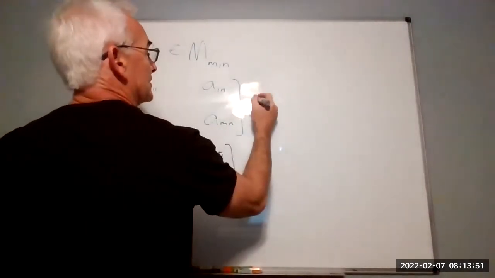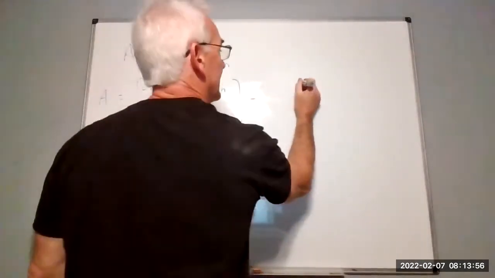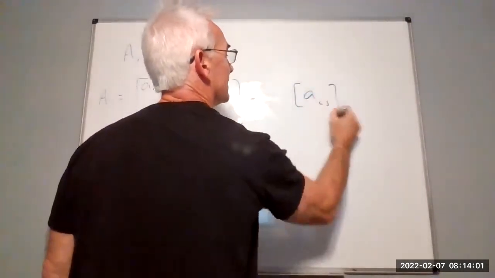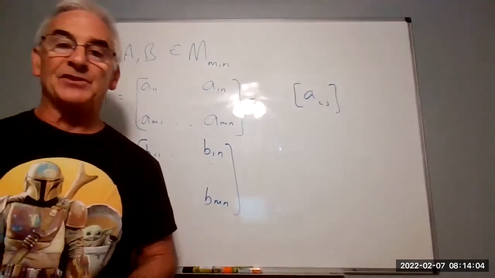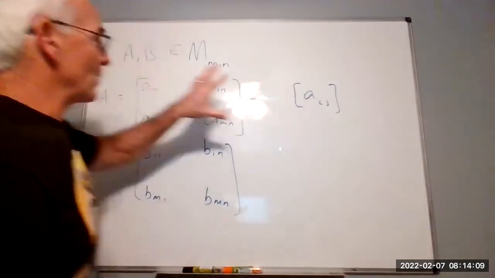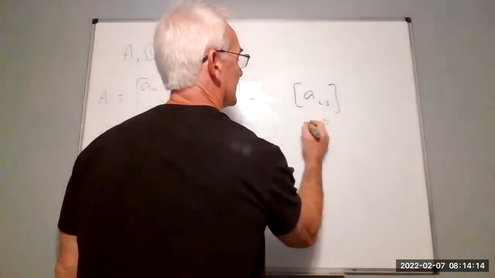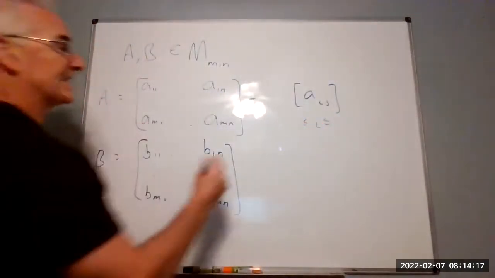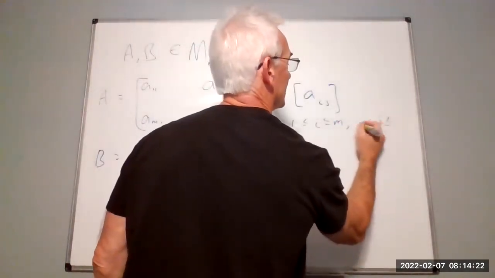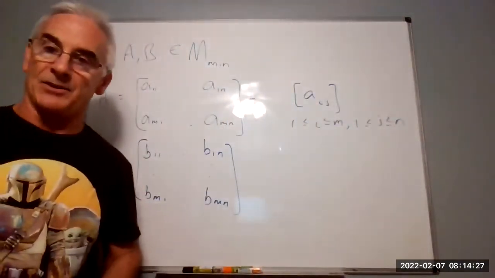We often write it this way, and this is really brilliant shorthand notation. We'll write it as one term, matrix Aij. This one symbol is going to represent the entire matrix, where i is between 1 and M, and j is between 1 and N. This represents an entire matrix, but it's shorthand notation.